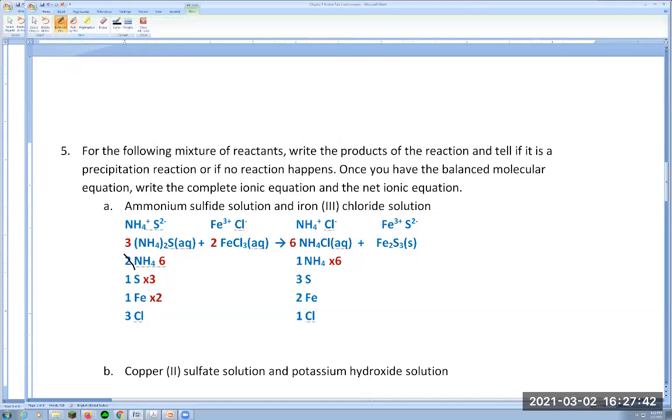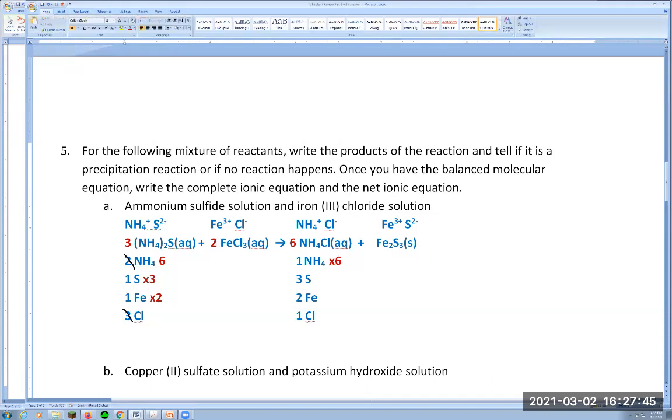Instead, 2 times 3, 6. We have 6 chlorine instead. Maybe I should emphasize that these are not coefficients, but the number of chlorine. So 6, because 2 times 3 is 6 chlorine, and here we have 6 chlorine, so that's balanced.